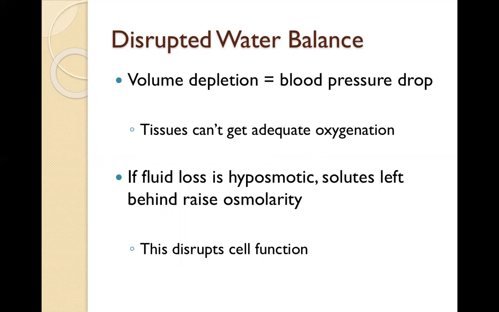And our body really needs to have that fluid have a consistent amount of solutes in it. So if you end up with a large level of solute, that can raise your osmolarity and it can disrupt cell function. Many of your excitable cells can become disrupted. And if the body doesn't correct the state quickly, it could become quite dangerous.